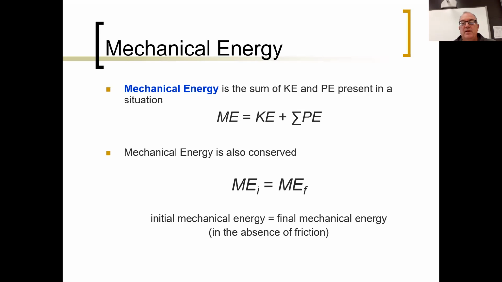So we can break that down, saying that the mechanical energy initial is equal to the mechanical energy final. We can break that down even more. I want to change screens quick.